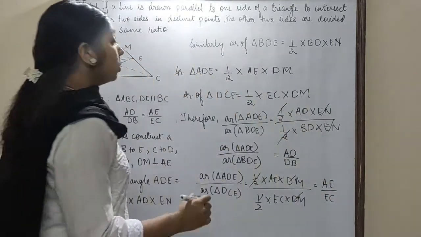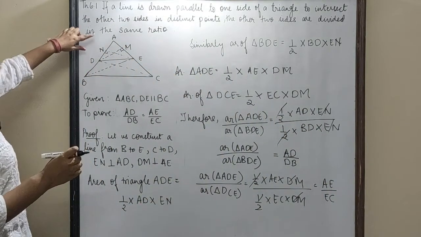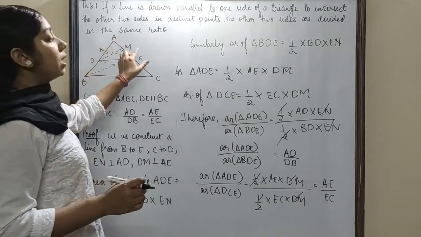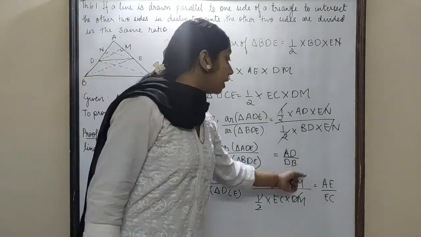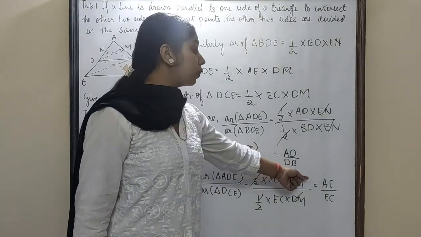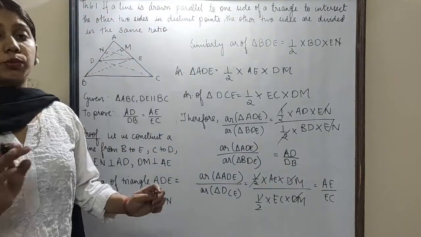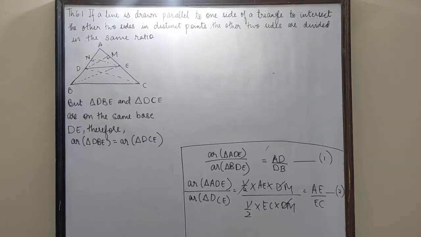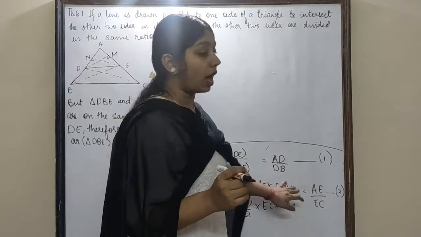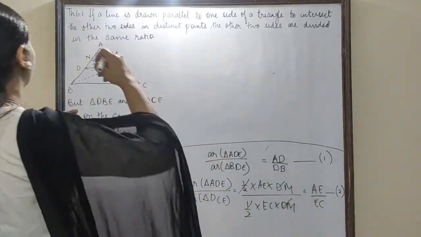So the ratios we have found out are AD upon DB and AE upon EC. Now we have to prove that they are equal, that means AD upon DB is equal to AE upon EC. Copy down this much and then we are going to move to the next one. Now, let this be equation 1 and let this be equation number 2.